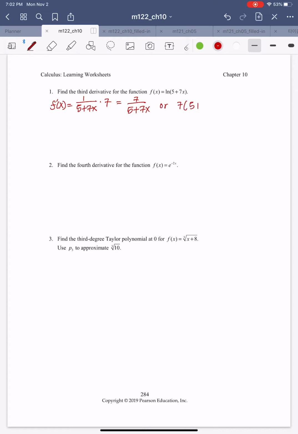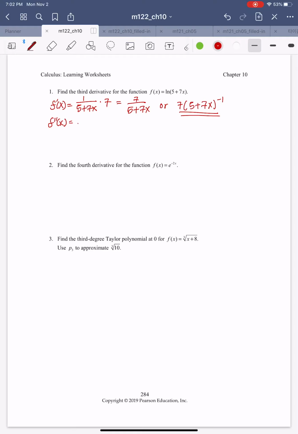or you can even use an exponential form: 7 times 5 plus 7x, raised to the negative 1. I personally prefer writing it in exponential form rather than a quotient, because the quotient rule, if you recall, is a messy one, right? So I like having this power function. Let's take the second derivative. I'm going to use this power function. Bring down the negative 1 in front.